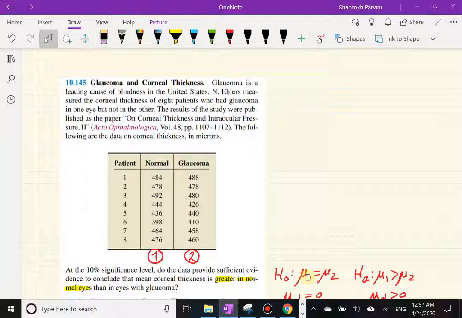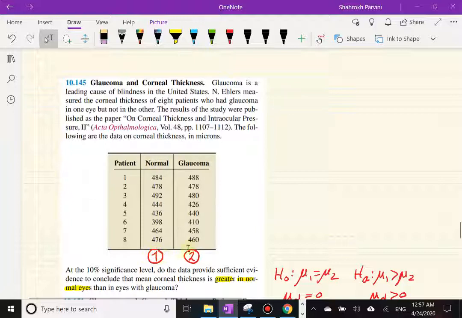The researcher, on the other hand, here I have it in highlight. The question says, do the data provide sufficient evidence to conclude that the average, that means mu, corneal thickness is greater in normal eyes. Remember, normal eye is now first population.